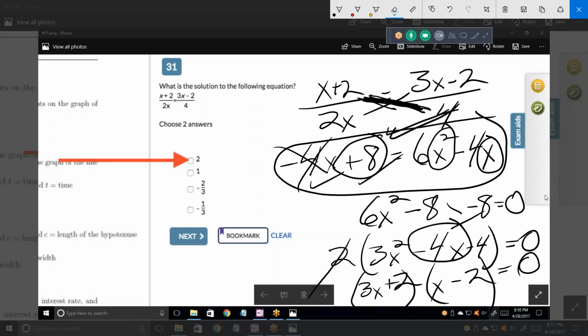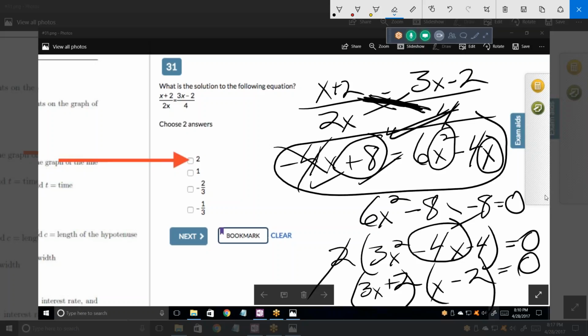When the product of two numbers is equal to 0, you set each one to 0. It has to be. You cannot multiply two things together and get 0 unless one of them is 0. That's the only way you can do it.